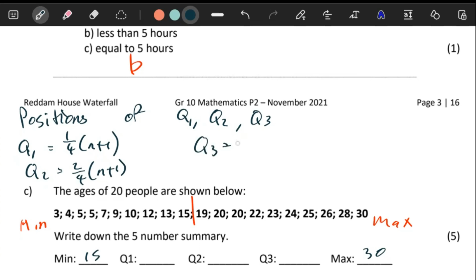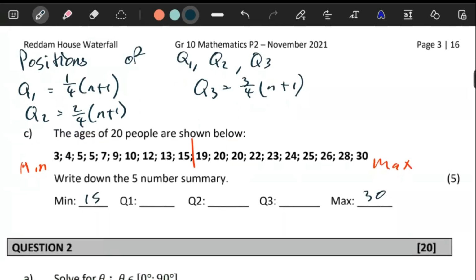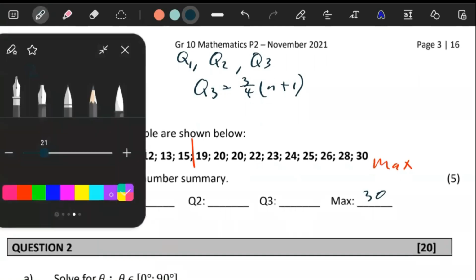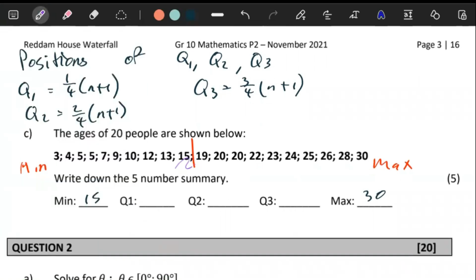For Q3, it's going to be 3 quarters of n plus 1. But anyways, fortunately for this set of data, the middle, which is Q2, you can just add these two numbers and divide by 2. 15 plus 19 over 2. What does that give us? That's going to give you a 17.